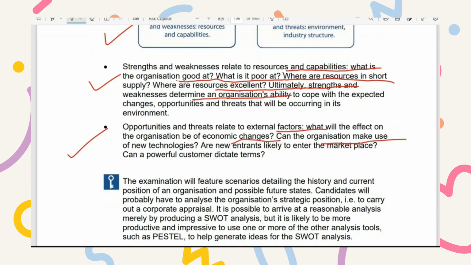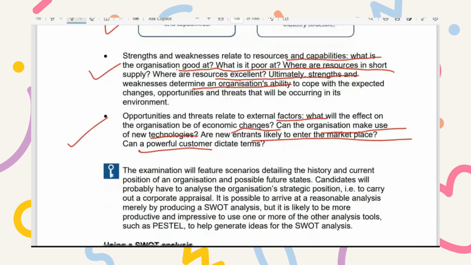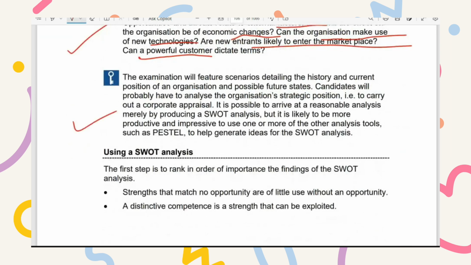Using a SWOT analysis, again this is the same theory they have discussed over here. Strengths can be developed. The illustration they have given is for a small advertising agency. See what their strengths and weaknesses are. Go through.